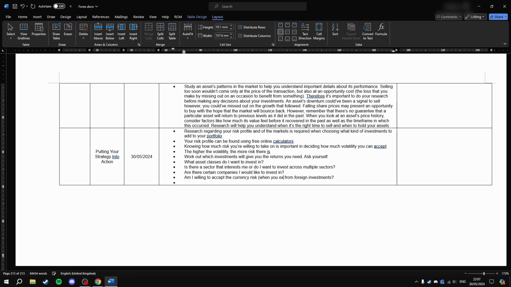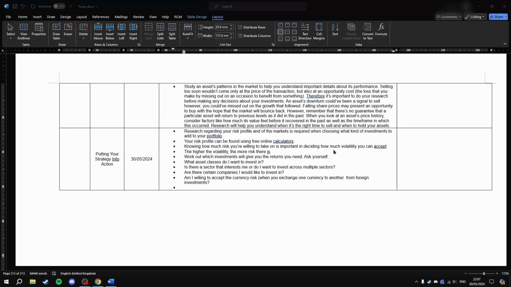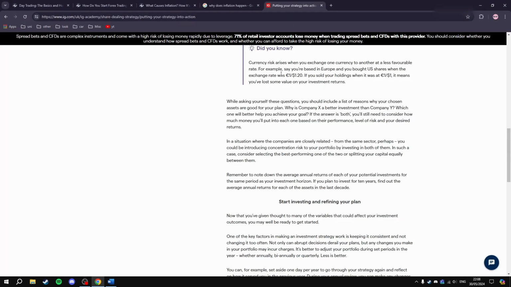When you exchange one currency to another at a less favorable rate, you lose value. You bought US shares when the exchange rate was $1.2 for €1.